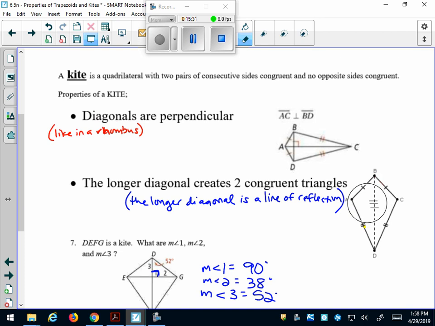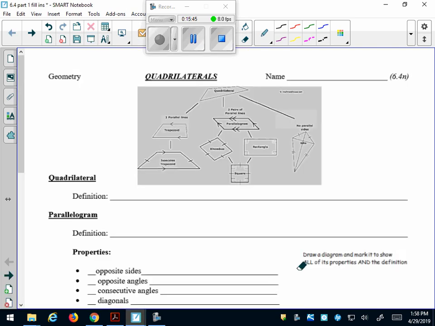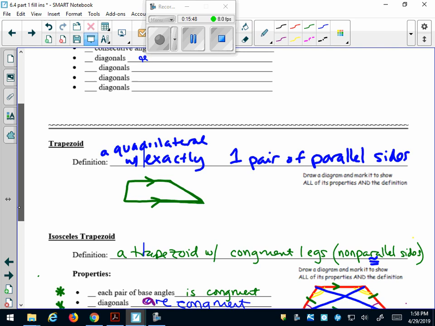So this is our last special quadrilateral, a kite. The definition sounds a little bit weird, and when you write it on your pink sheet, you're going to have to kind of abbreviate and not write too big because you have to fit it in there.